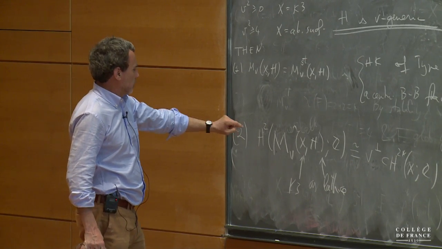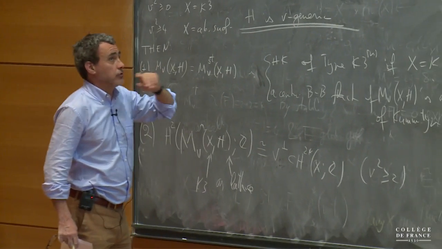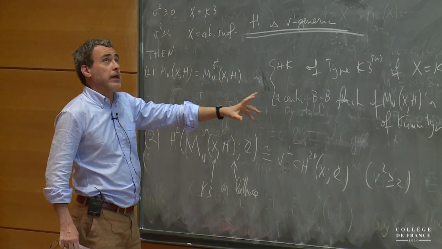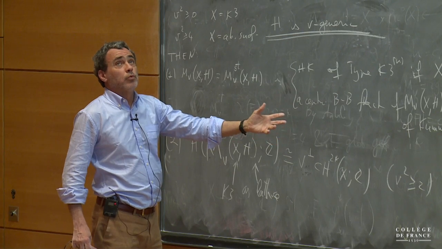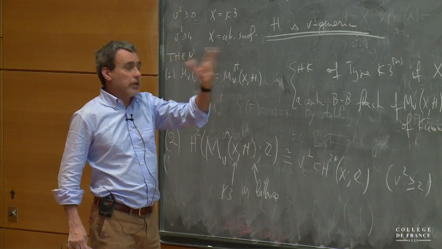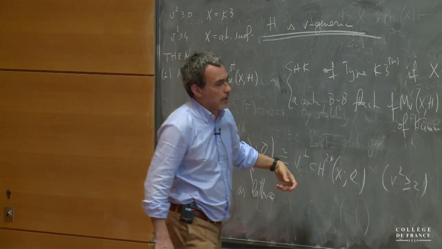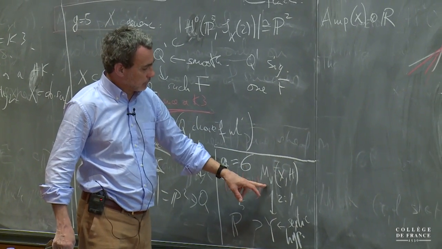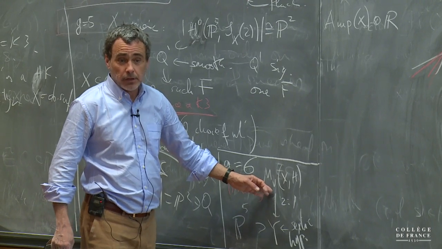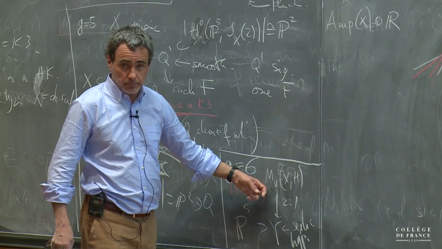So this thing is what I wanted to maybe emphasize, that you even get somehow explicit examples which go beyond just Hilbert schemes. For example, if you use this formula and you look at this moduli space, which has this somewhat explicit description, you will see this.